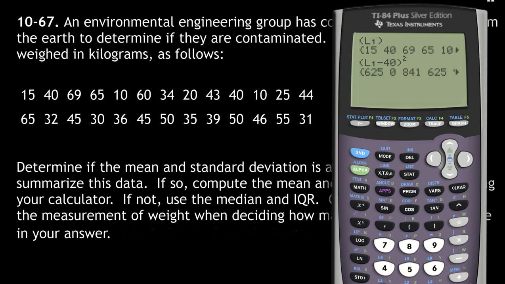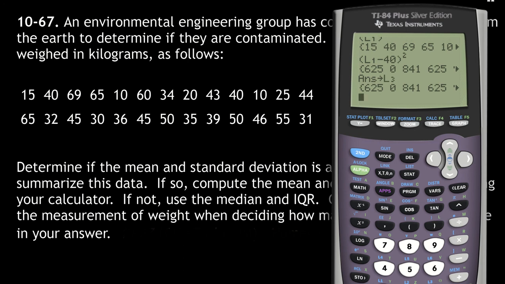So to get the mean of this list, I'm going to store this in list 3. There's a button here that says store, so I'm hitting store. And I'm going to store that list, right? That answer means store this previous line. So I'm going to store this, and second, I will put it in list 3. So enter.